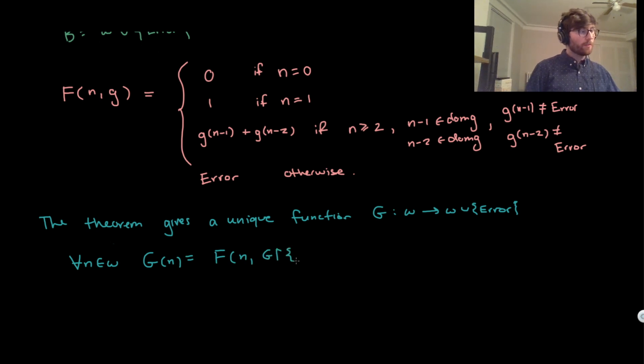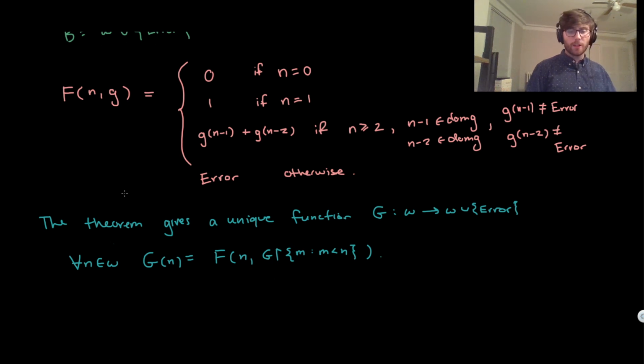It's going to be g restricted to all of the natural numbers that come before it. So this is the conclusion of this theorem.